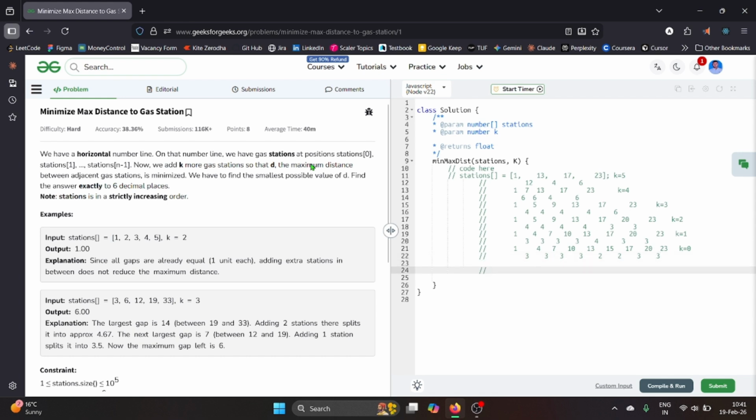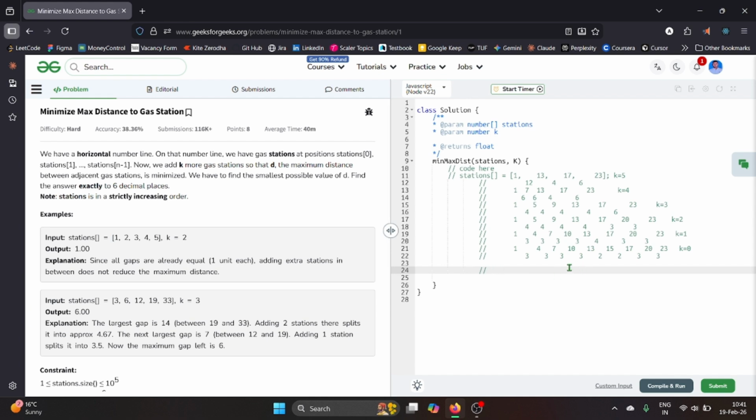So our question is saying: find the smallest possible value of d. So we have to find the distance in between.